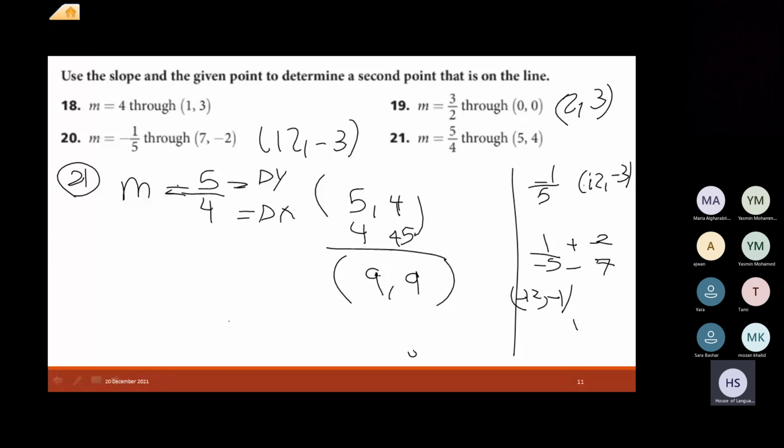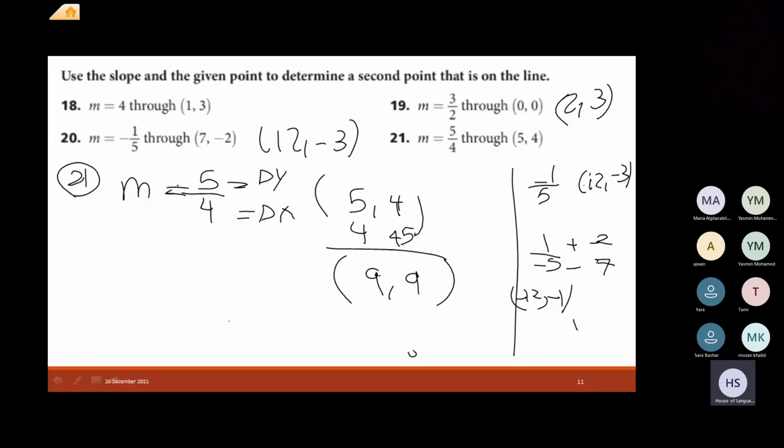This is another example. 5 plus negative 1 is 4. Now here, negative 5 plus 1 equals negative 4. Don't see the negative sign.